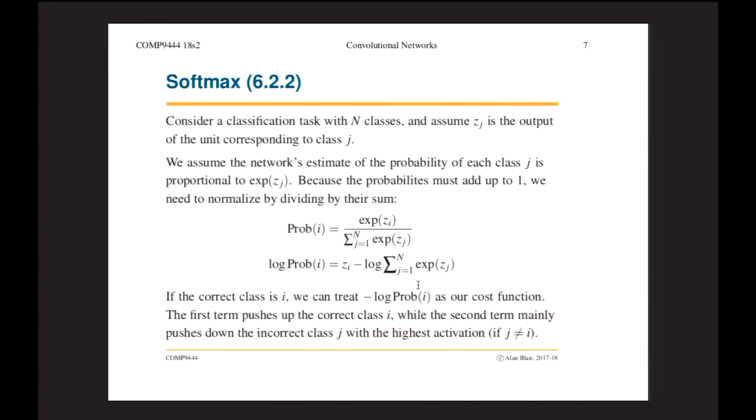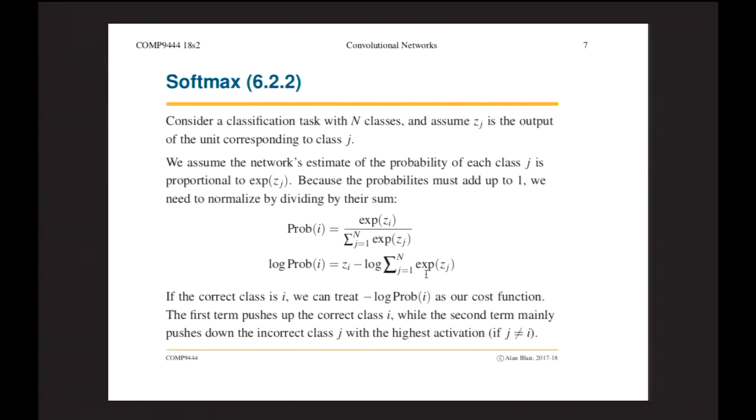But if there's some incorrect class whose output is similar in value to the correct class or even bigger than the correct class, then this term will have the effect of reducing that incorrect class a lot, right?